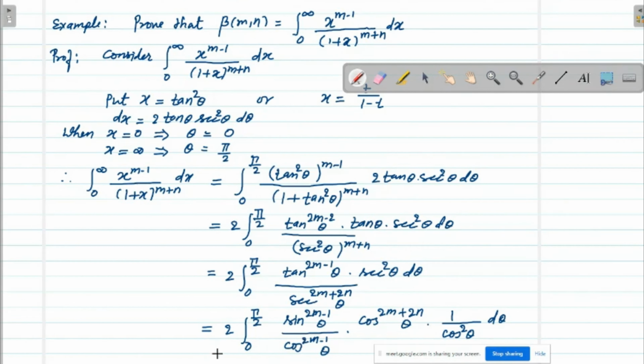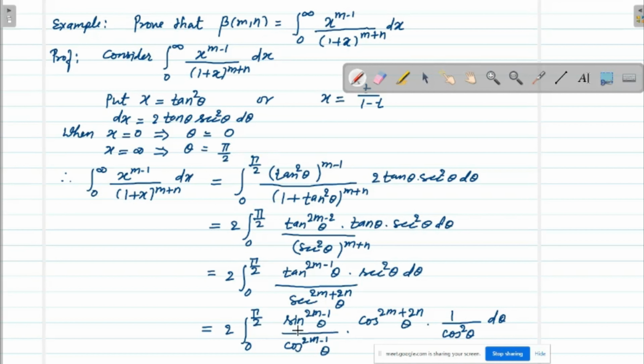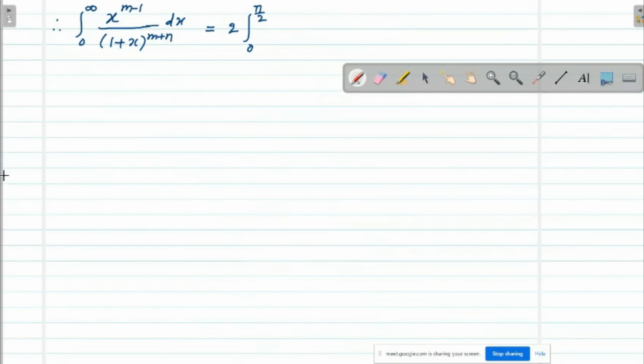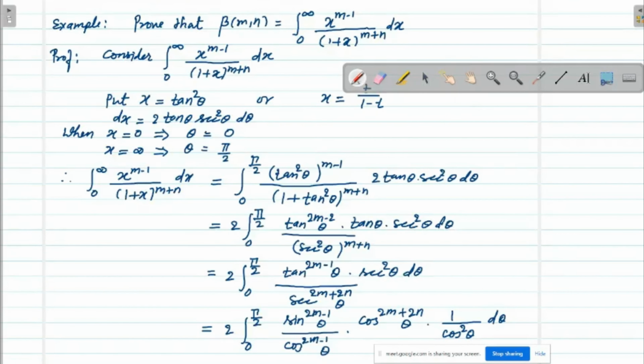Now just go to the next page. Therefore, integration of limit 0 to infinity x raised to m minus 1 divided by 1 plus x raised to m plus n and dx equals 2 times the integration of limit 0 to pi by 2 of sine raised to 2m minus 1 theta into cos raised to 2m plus 2n theta.